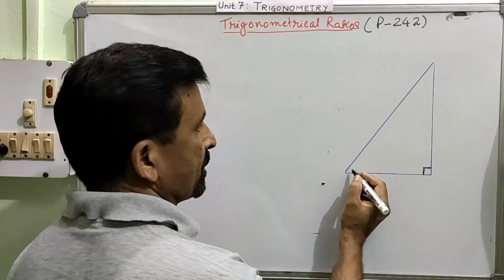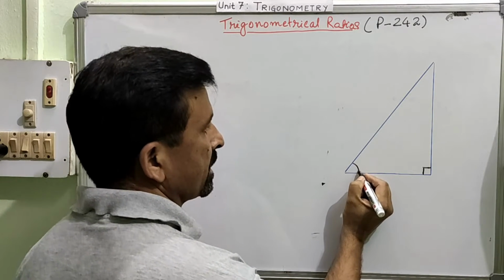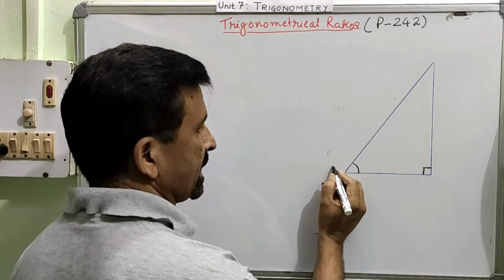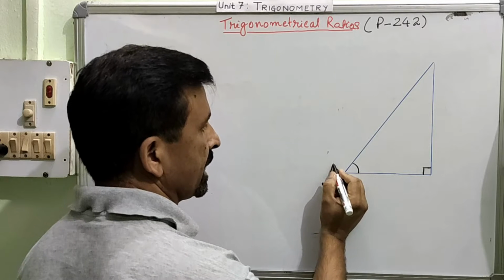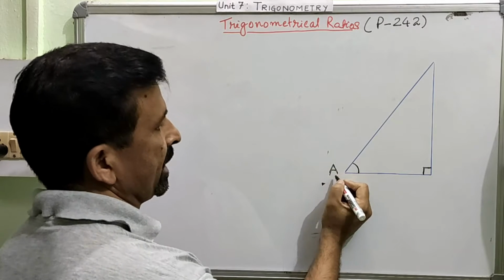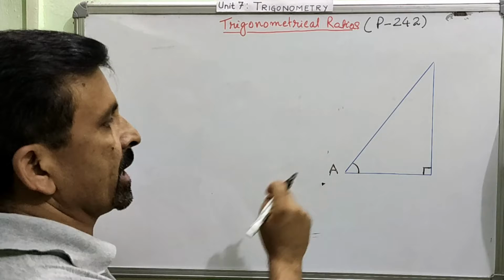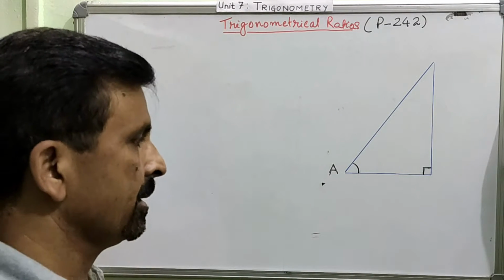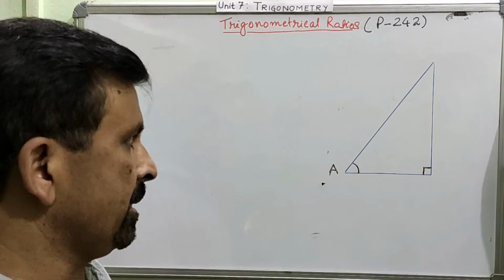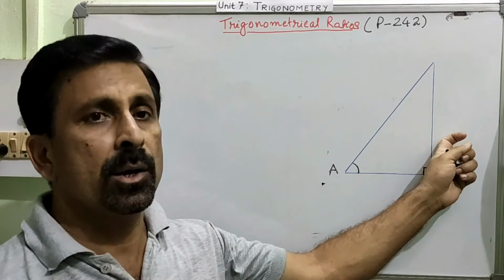So suppose the angle is at this vertex, and suppose the name of this vertex is A. Name of this vertex is A, right? And then we can use the same name to name this angle also. This angle we can also call A. Is it very clear? And in the beginning I told you that in trigonometry the names of these two legs are not fixed.